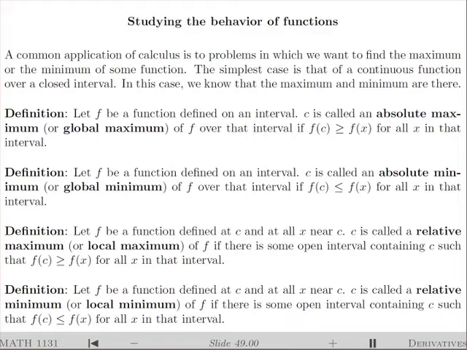The open interval has to have a positive length but could be extremely small, extremely narrow. A relative minimum is a number c so that f of c is less than or equal to f of x for all x in some small open interval containing c.